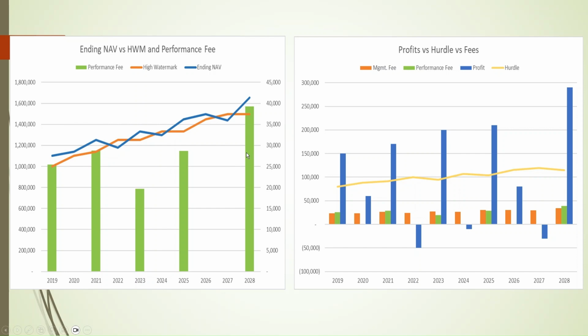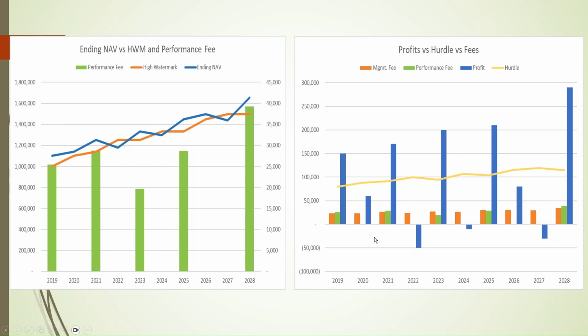However, you may have a question. Why, in these years when the ending NAV is actually above the high watermark, this year and 2026, is there no performance fee? Well, as we walked through in our base model, you need to make sure the profit is large enough to cover the fees.